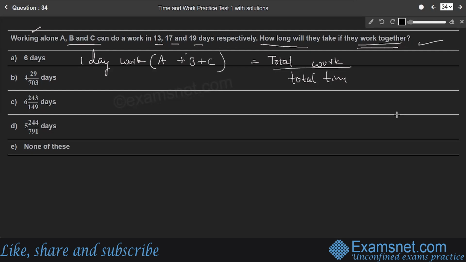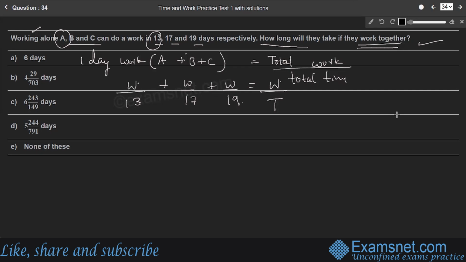Their 1 day work. So here A can do a work in 13 days individually. Therefore, if you consider W as the total work, W by number of days gives his 1 day work, right? W by 13 is A's 1 day work plus W by 17 is B's 1 day work plus W by 19 is C's 1 day work is equal to W by T, if you consider W as the total work and time is capital T. W by T is total work by total time, right?